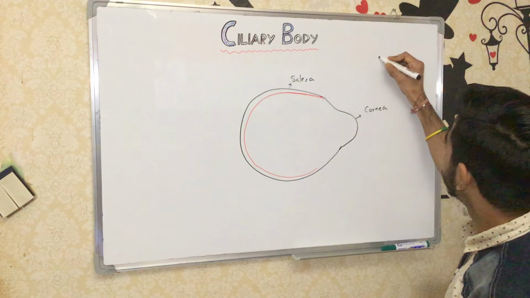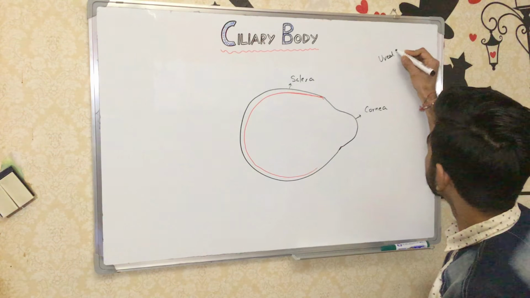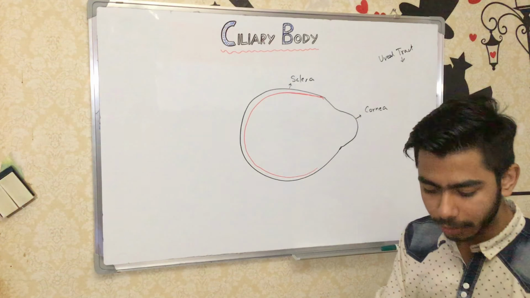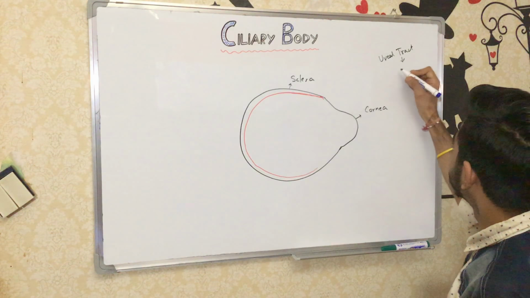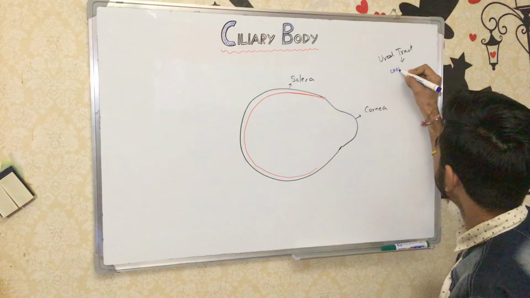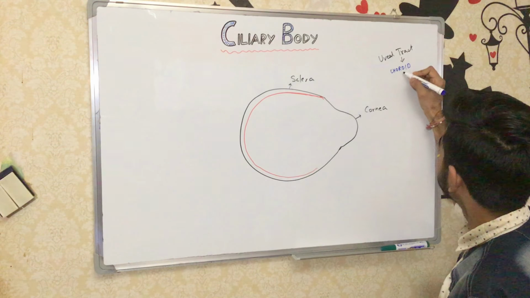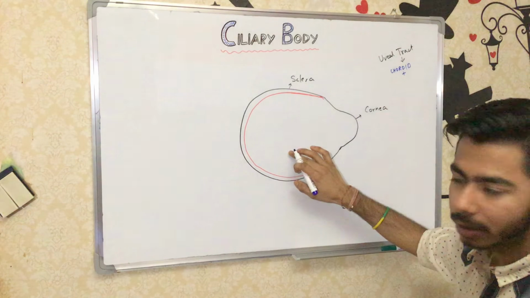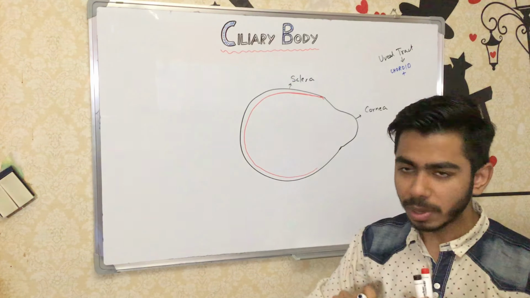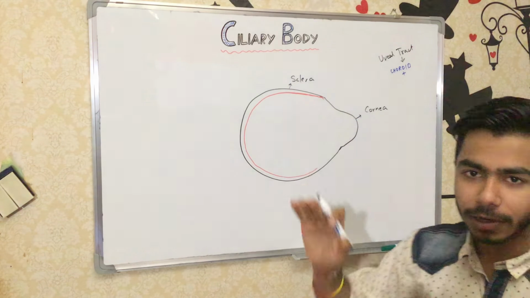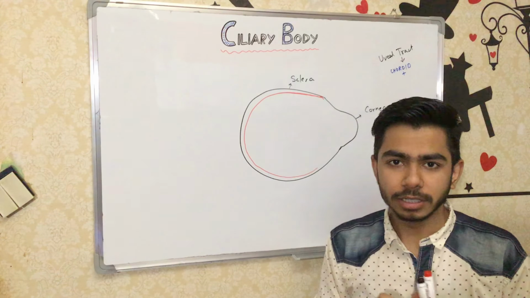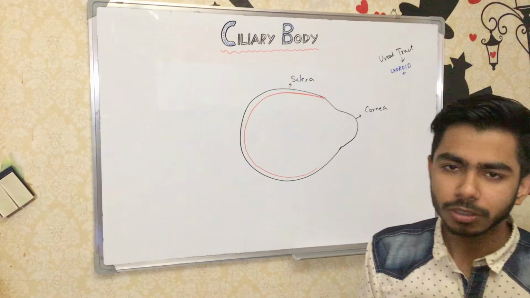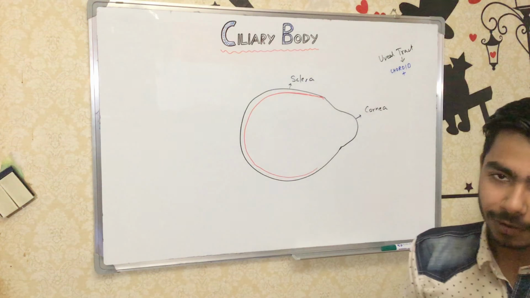I have told you what structures are present in the uveal tract. In the uveal tract we have basically three structures. And what are those structures? The choroid, which is the internal layer inside the sclera. Choroid is highly vascular. Remember, the sclera and the cornea are not vascular, but our choroid is vascular, and our ciliary body as well as our iris are also vascular structures in our eyeball.